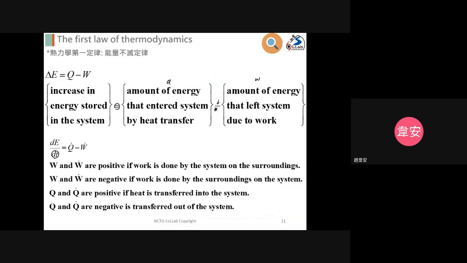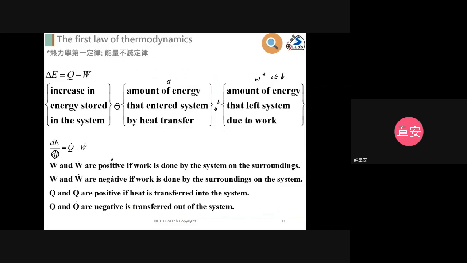As I mentioned here, if W is positive, that means the work is positive, but you just consider there is a negative sign here. So if the work is positive, then it will let delta E decrease. If you notice the sentence showing here, the work is done by the system on the surroundings.